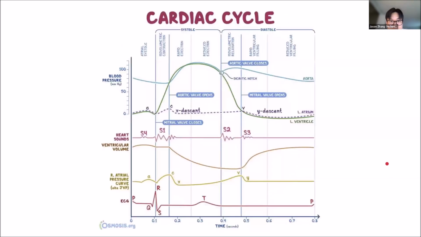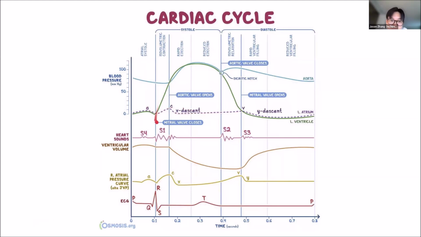So hopefully this is a review. Same for this. This is just a graph of the cardiac cycle. Same thing as before. You can follow. Focusing on the top here, this is a pressure tracing for different parts of the heart. So the aortic pressure will remain fairly high. And then you'll see a left atrium pressure and left ventricle pressure.